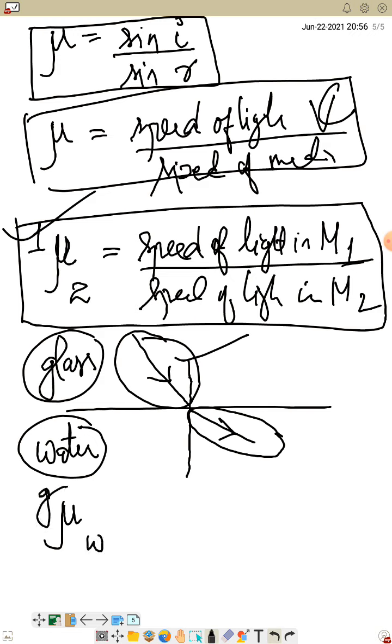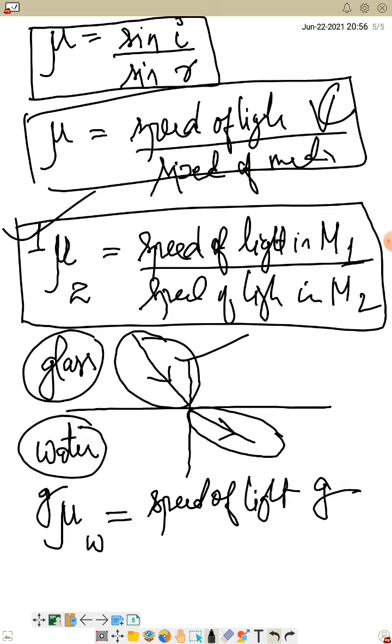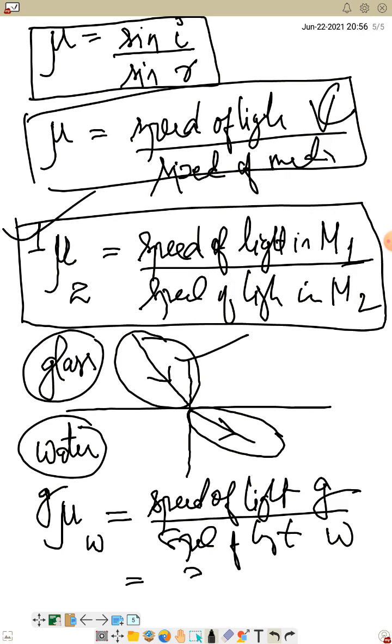equals, here I will have the speed of what? Light, isn't it? Where? In glass, divided by the speed of light in water. So now this is going to give me 2 into 10 to the power 8.